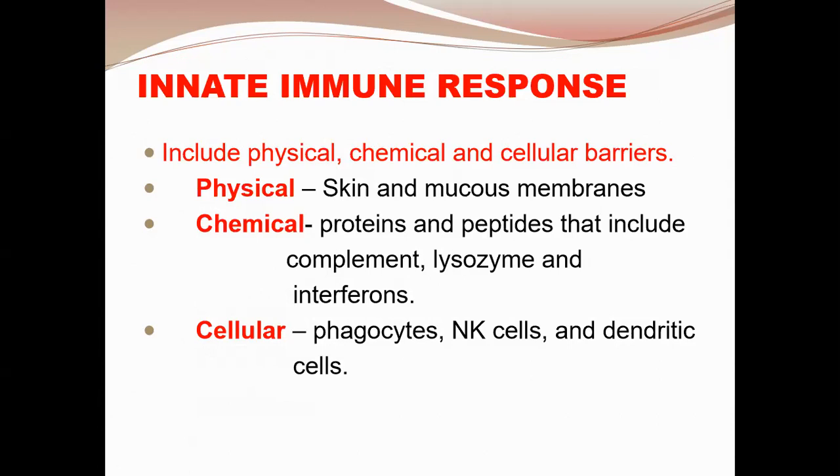When we look into the cellular barriers of innate immune response, they are the phagocytes, natural killer cells, and the dendritic cells. So these are the physical, chemical, and cellular barriers associated with innate immune response.